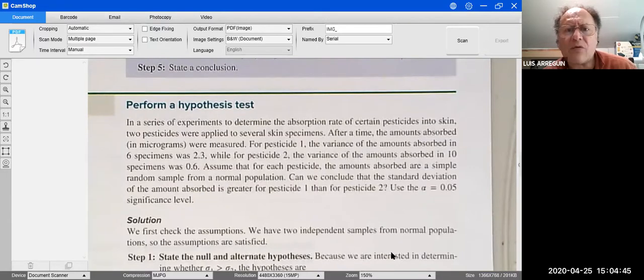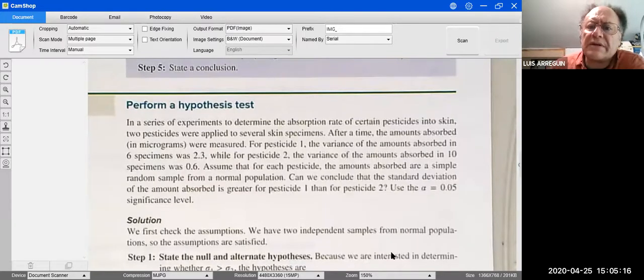For pesticide 1, the variance of the amounts absorbed in 6 specimens was 2.3, while for pesticide 2, the variance of the amounts absorbed in 10 specimens was 0.6. Assume that for each pesticide, the amounts absorbed are a simple random sample from a normal population.